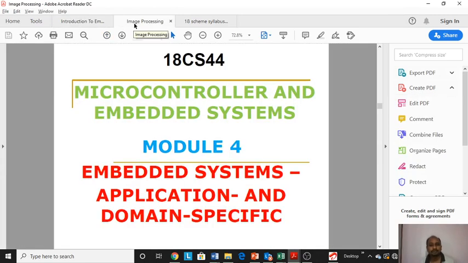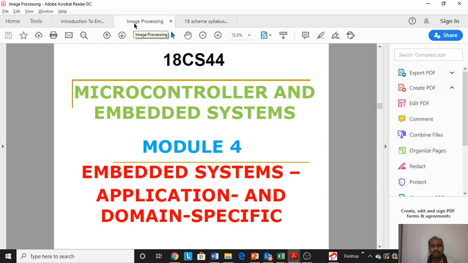Yeah, hello everyone. So today we'll discuss embedded systems, application and domain specific. As I told you in the previous class, many embedded systems are designed only for a specific purpose, like the examples given: washing machine, oven, or smart TV.